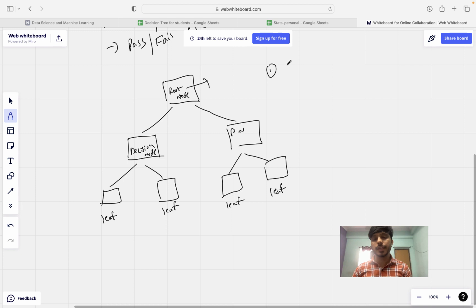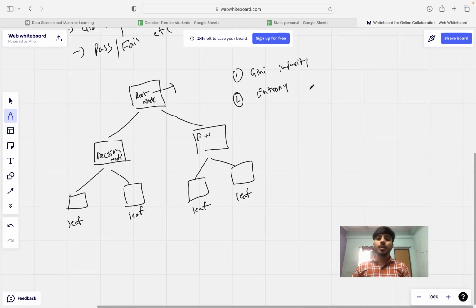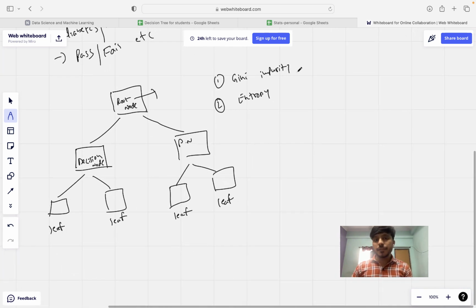The first criterion is Gini impurity. The second criterion is entropy. Whichever feature gives me low Gini impurity, that will be my node, the root node to begin with.